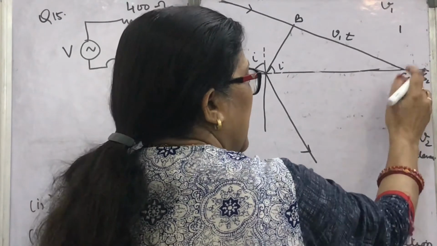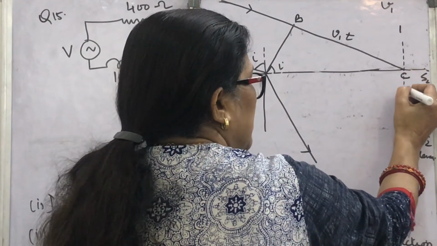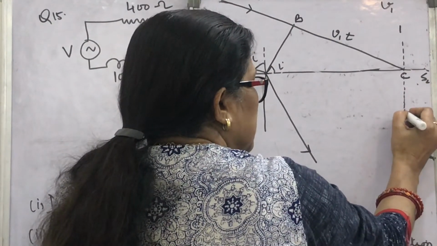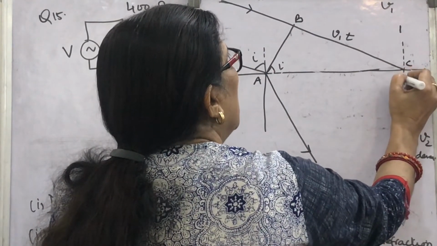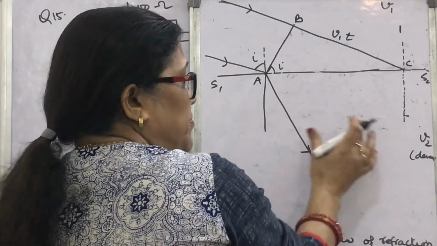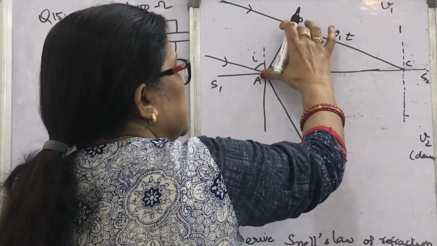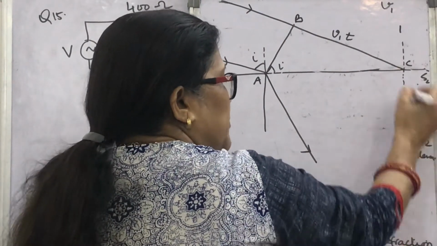During that time t, what will be the refracted wavefront? To find that, you have to draw the normal here also at the point of incidence of this ray. So this is the normal, and if I write C here, then what will you find? Since the incident wavefront is a plane wavefront, the refracted will also be a plane wavefront.